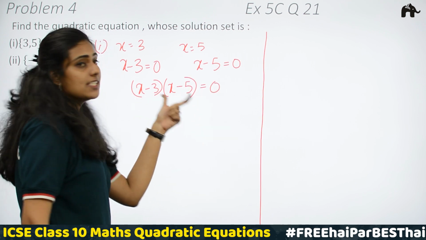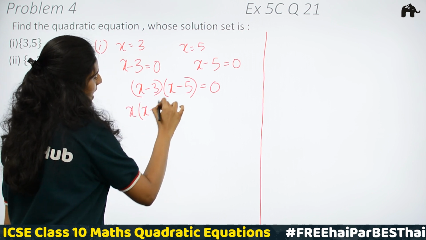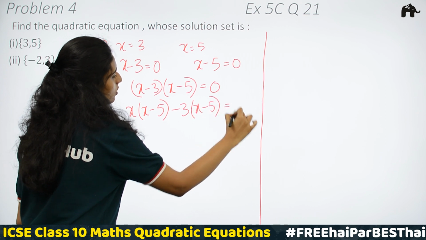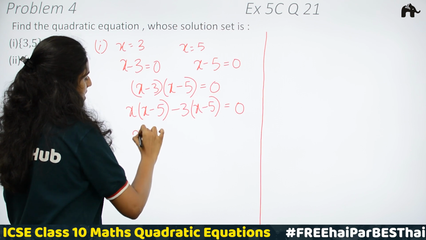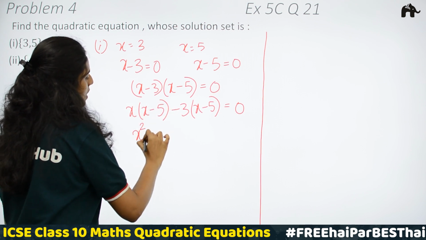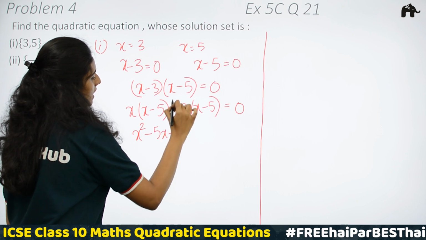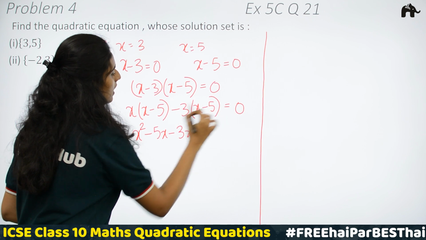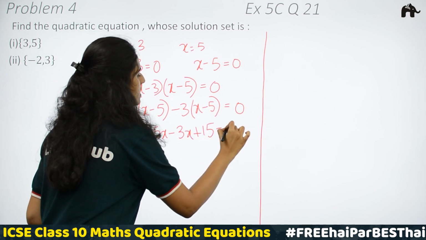Remove the brackets and multiply. x into x minus 5 minus 3 into x minus 5 is equal to 0. Okay. x into x minus 5 is x into x, x square minus x into 5, 5x minus 3 into x, 3x minus 3 into minus 5 is plus 15. Plus 15 is equal to 0.